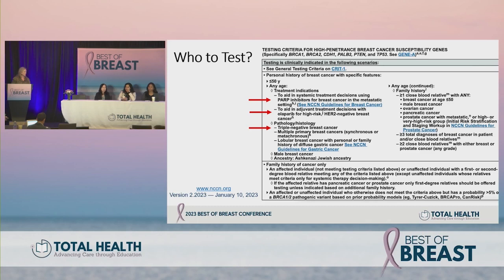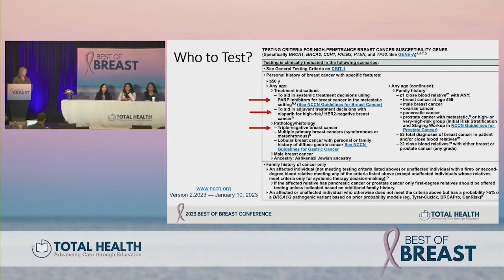So with germline BRCA mutation, that led to the updates that patients at any age of breast cancer, if they're a potential candidate for treatment decisions, like if they needed PARP, may help to identify whether they're a candidate for PARP inhibitor, either in the adjuvant setting or in the metastatic setting. So those are good considerations. Make sure that you order the germline testing when a patient is diagnosed.